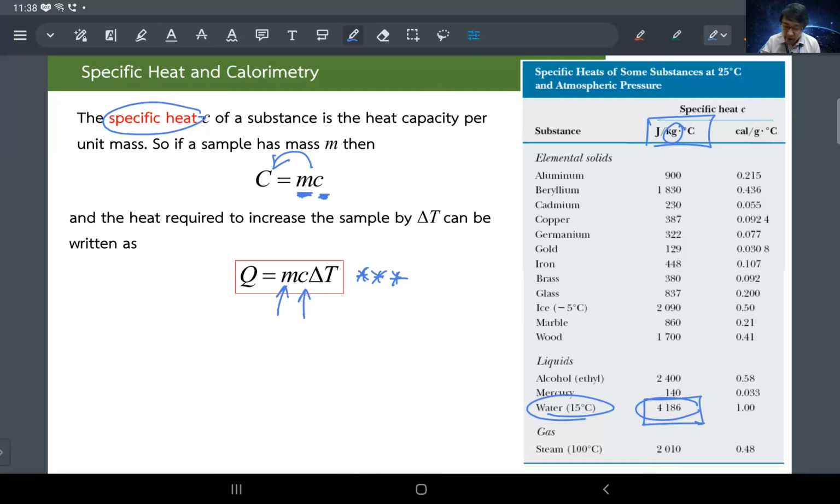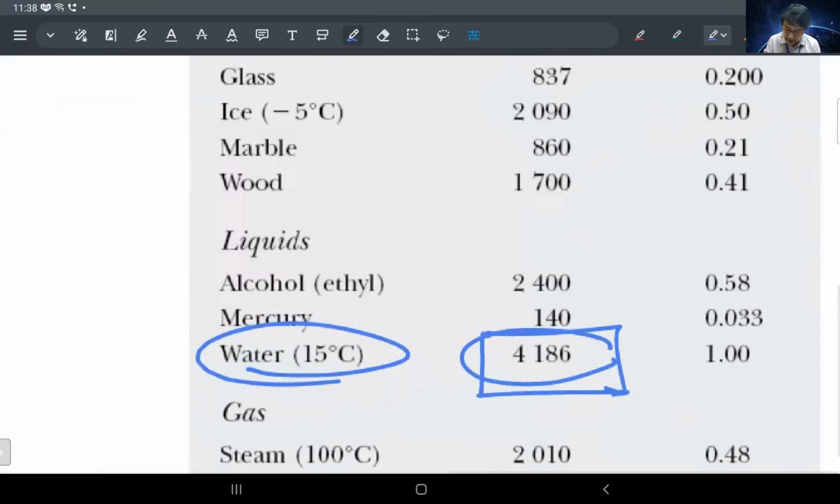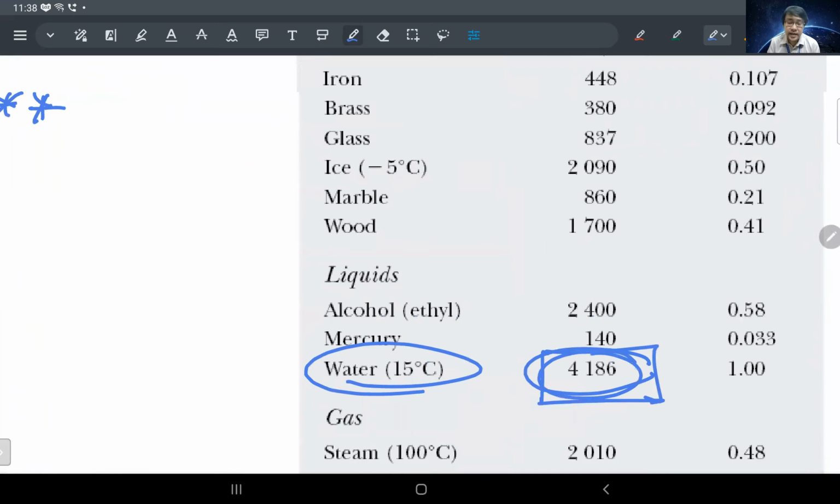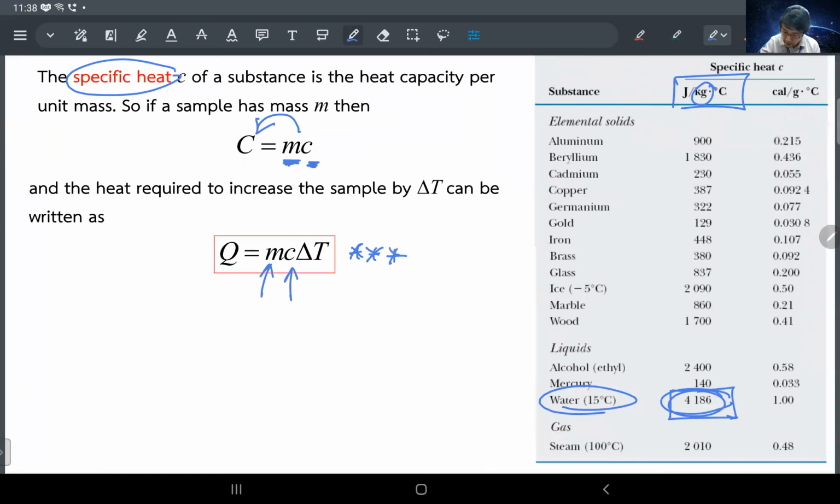Okay, cool. So this table gives you a list of well-known substances and their specific heat. As you can see from this table, water is like 4,000 in comparison to metal, which is easy to see. Maybe you can see copper, gold. That's why metal is so easy to heat up and so easy to cool down, because the specific heat is kind of low.